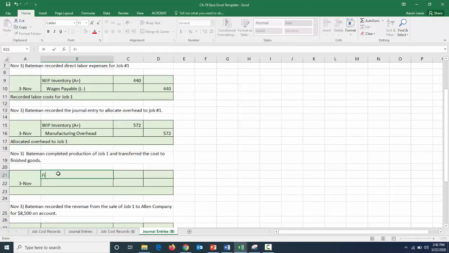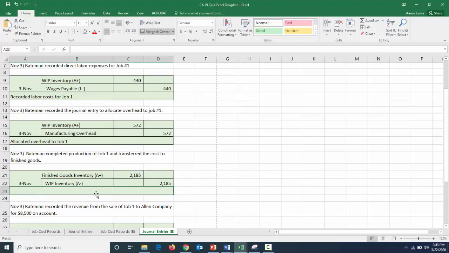So since we finished it, we're going to take it out of our WIP inventory and put it into our finished goods inventory account, which tracks how much inventory we have that is in a sellable condition. These business cards are done and therefore sellable. So we're going to put the $2,185 cost of job 1 into our finished goods inventory account, and we are going to take it out of WIP inventory.